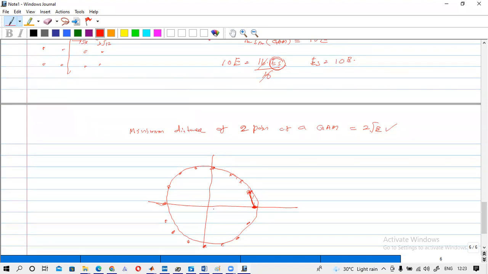So you can see that here, if you get this value, this is pi by 2, so this will be pi by 4, and this will be pi by 4.